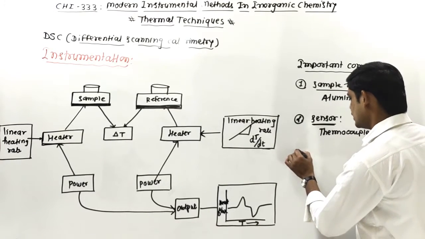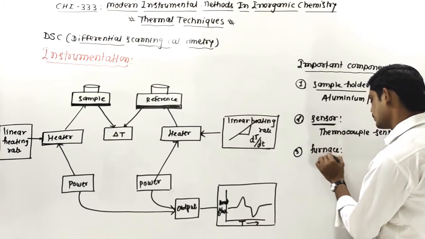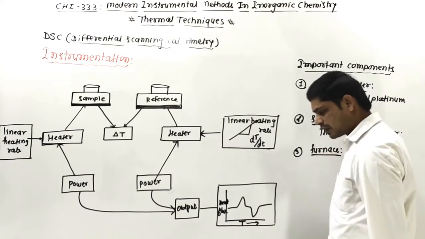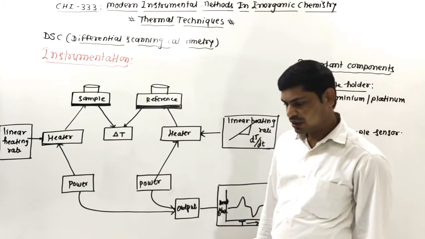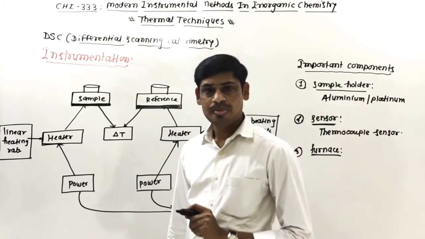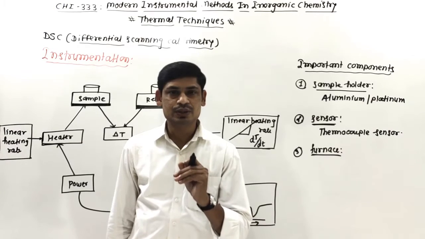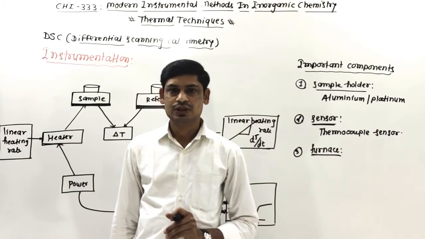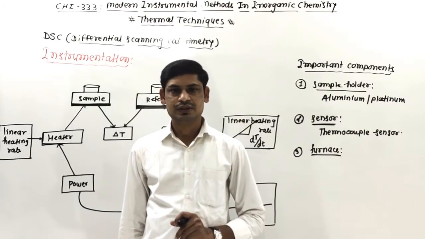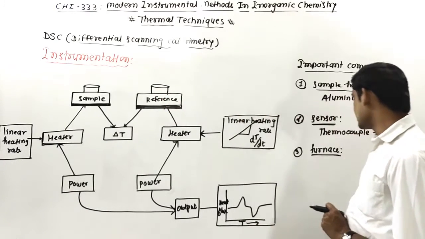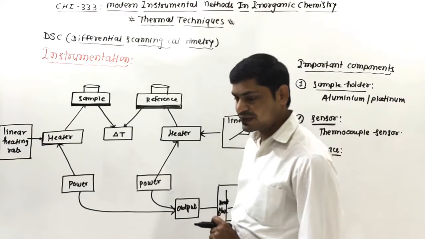The third component is the furnace. Furnace is also one of the important component of this instrument. The role of the furnace is to provide a uniform and constant temperature to the sample holder as well as a reference holder. The different types of furnaces are used depending upon the type of differential scanning calorimetry.